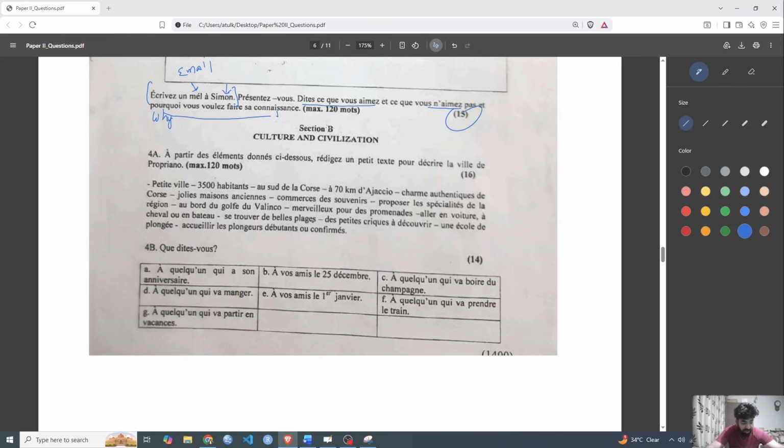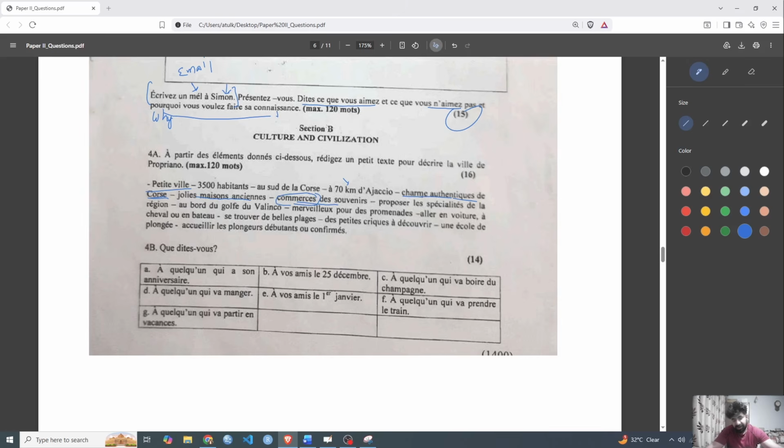So it is about the village part, and we have already done this kind of problem before. So we can do this also. Let me just put it. So it's petit village, small village we are talking about with 3500 habitants, and the location is given to us, also how far it is from Ajaccio. Then it mentions the authentic houses and corset, and also talks about the maison and the commerces.